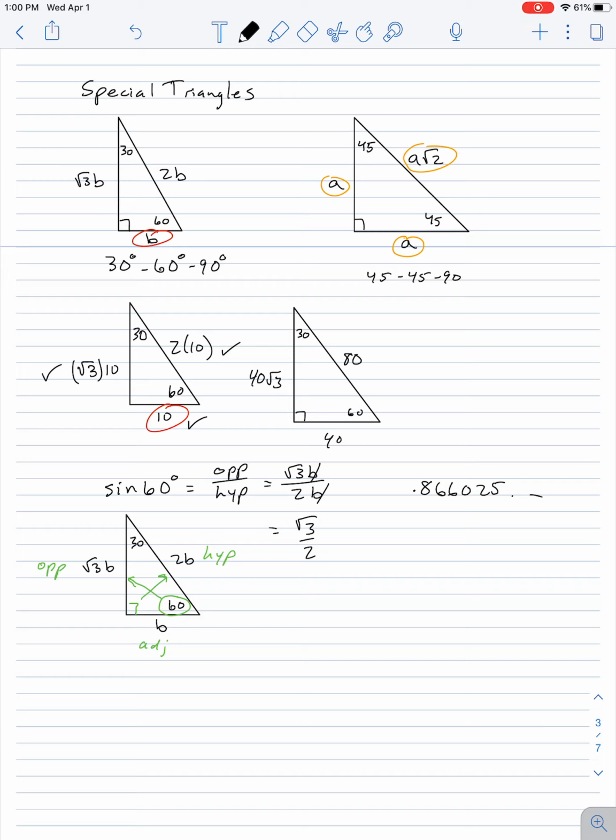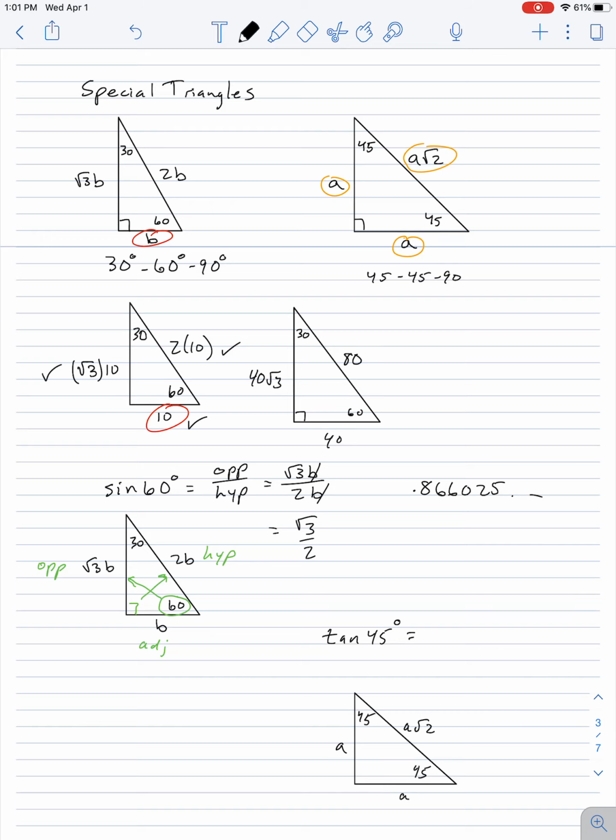And in this way I can ask you what any trig function is of any of these three angles, 30, 60, 45. Let's take a look at, say, tangent of 45 degrees. So tangent is, draw our triangle. This is going to be A root 2. This is 45.